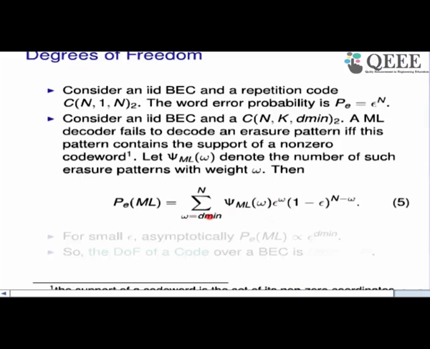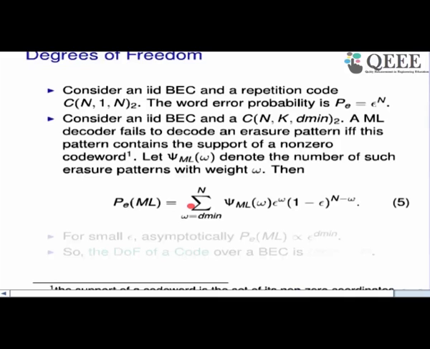Now this is going to be called the error probability. You see that the summation is from the minimum distance to n. Epsilon is the probability that there will be W erasures, and 1 minus epsilon is the probability that there are no erasures. There are totally psi ml patterns with this weight, so this is the total contribution of weight W. Summing it over all W gives us the probability of error for this code.